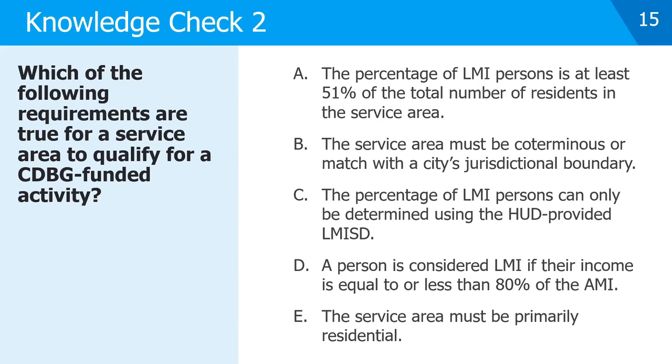C, the percentage of LMI persons can only be determined using the HUD-provided LMISD. D, a person is considered LMI if their income is equal to or less than 80% of the area median income, the AMI. Or E, the service area must be primarily residential. A few of these are true, so click all the ones that you think are true. I see a lot of responses rolling in.